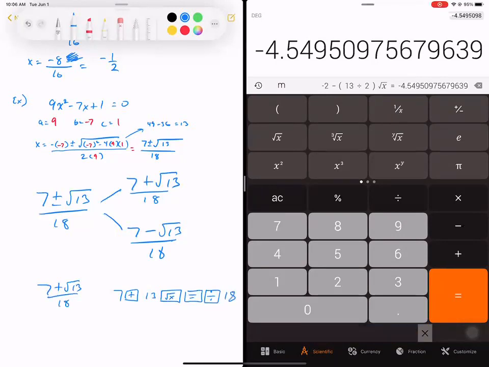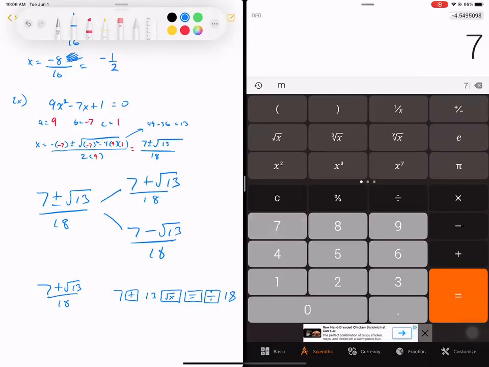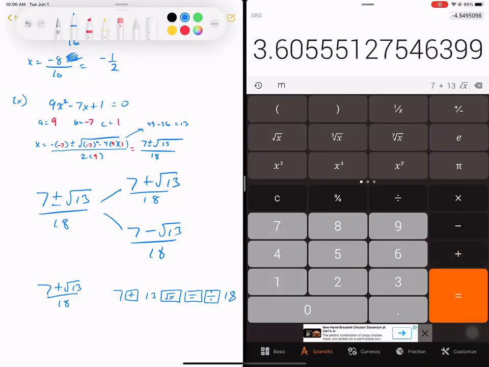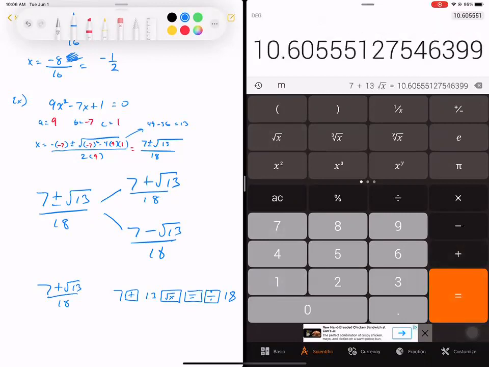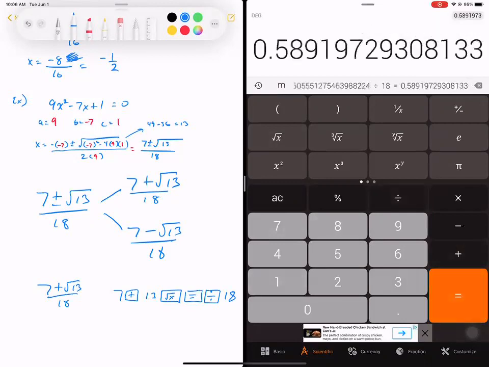So the order is 7 plus 13 square root equals; this is the top. Then we divide this number by 18, and my first answer is approximately 0.59.